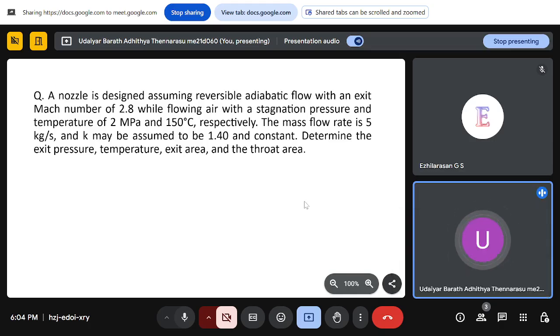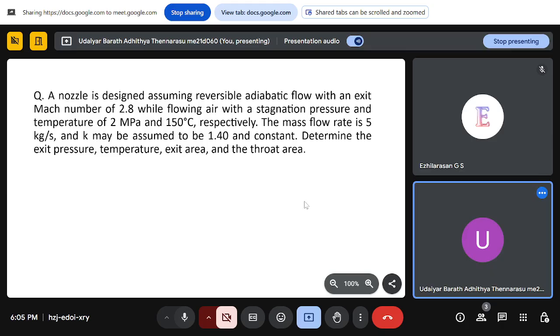Reducing it further, this shock will shift through the diverging section and can sit at the exit of the nozzle, and reducing it further you have your normal shock happening outside your nozzle.